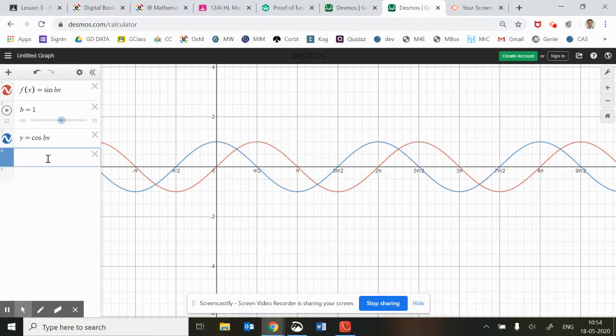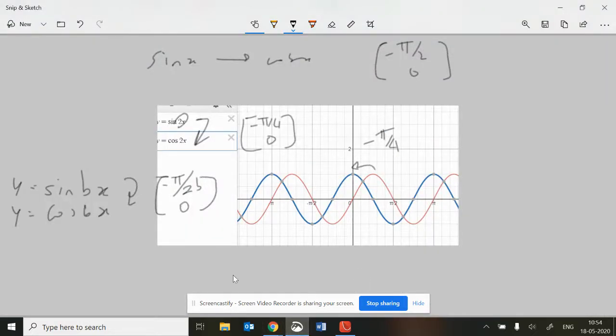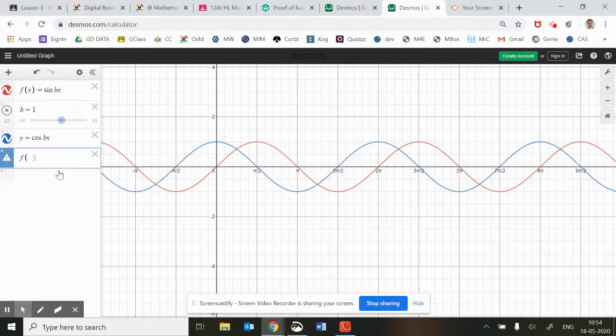And let's now do f of, and let's push it backwards by, what did we say? We said pi over 2b. So let's push it backwards by that. So let's put inside these brackets x plus pi over 2b. Okay, and let's close that one off.